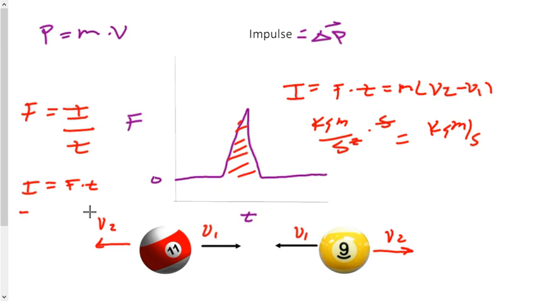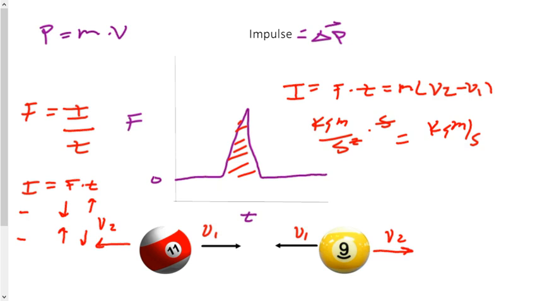If we increase the time of collision, then that would mean the force would have to decrease. And likewise, if we decrease the time of collision, and again impulse stays the same, then the force must increase. So we see lots of applications in collisions for cars.